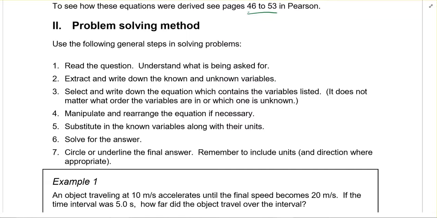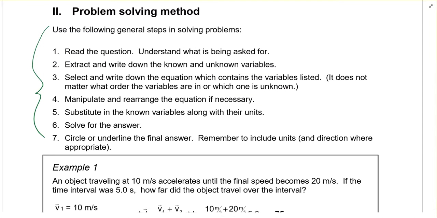What I'd like you to start doing with these questions, just because now we have to figure out when to use what, is here is our general way that we're going to solve problems now. You're going to read the question, understand what's being asked for. Extract and write down known and unknown variables. This is where it comes in handy to write down what we have and what we don't have. Select and write down the equation which contains the variables listed.